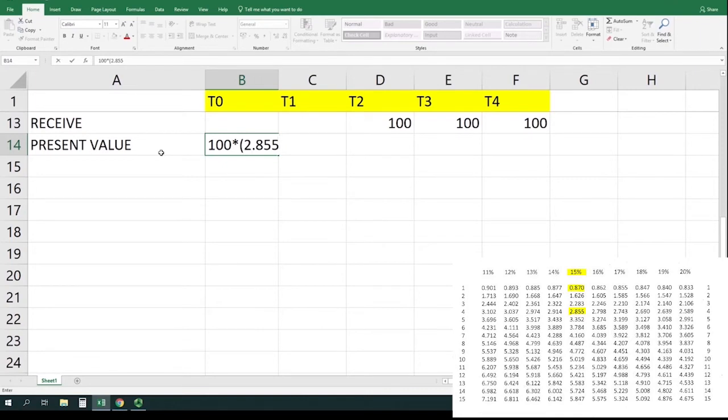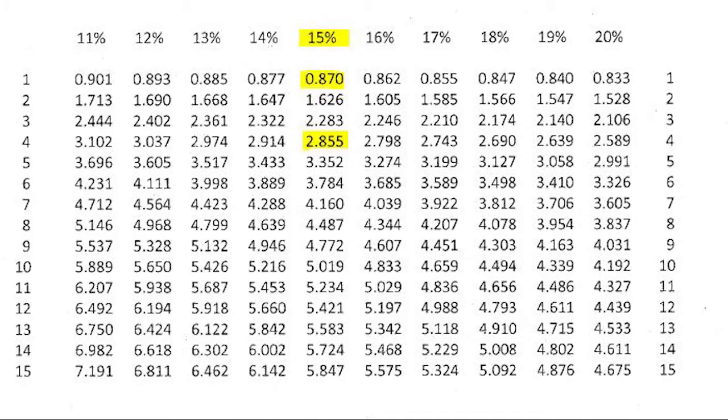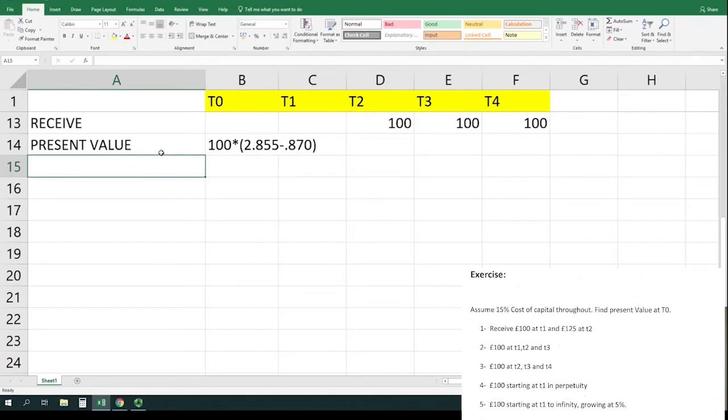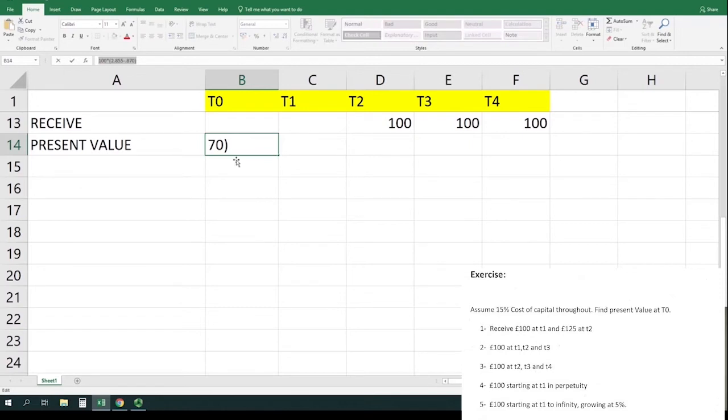However, we skipped year 1. So because we skipped year 1, we take away the annuity factor for year 1. If we had skipped years 1 and 2, then we would have taken away 1.626. But in this case, minus 0.870, just that one, and we will get our answer, £198.5.